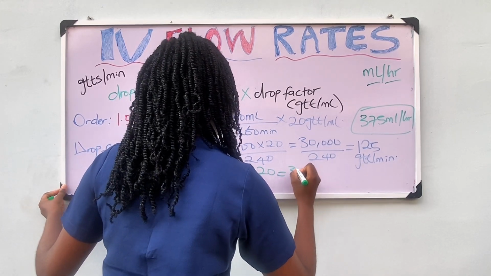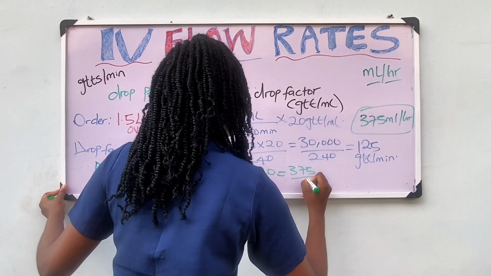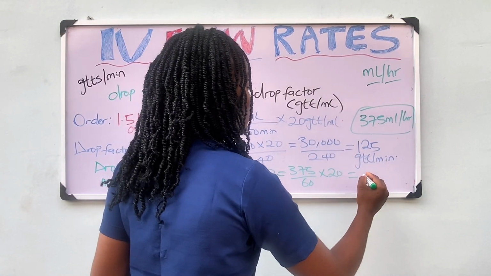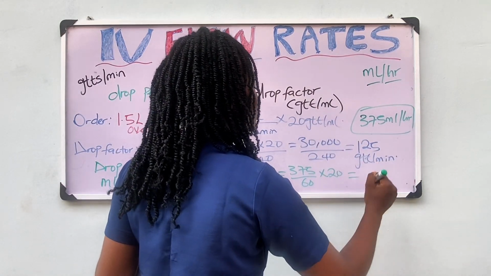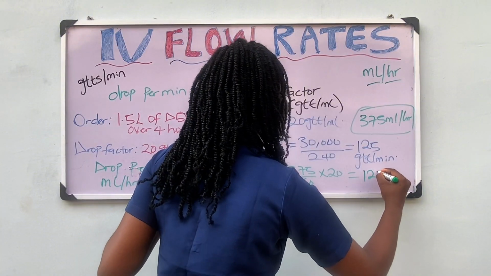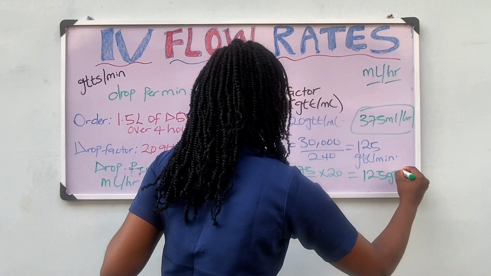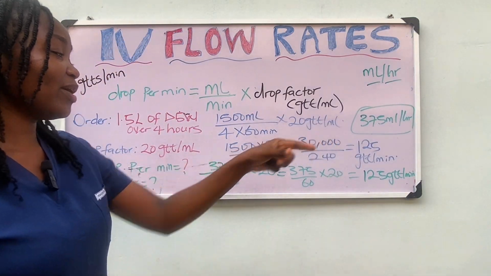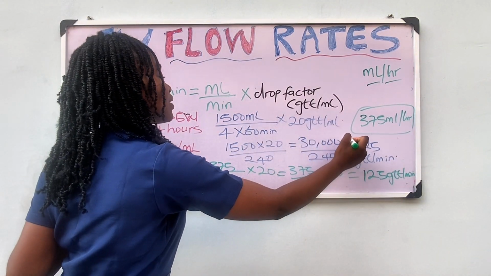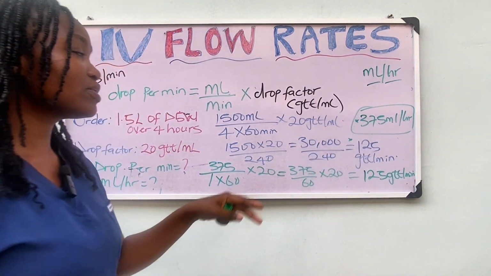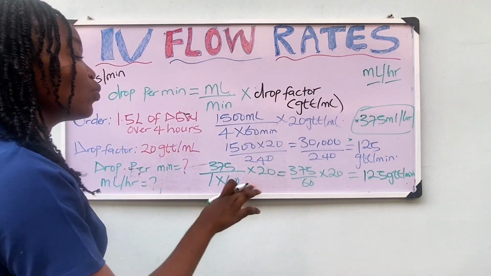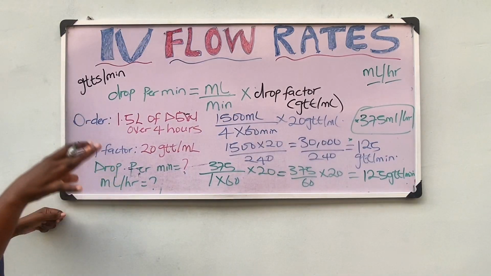It's going to give us 375 divided by 60 times 20. We multiply that, we are going to have 6.25 times 20, which is also going to give us the same 125 GTT per minute. So through this, we're able to see that what we got here was correct and what we got here was correct, because when we use what we got for milliliter per hour to solve for drop per minute, we were able to get the same answer.